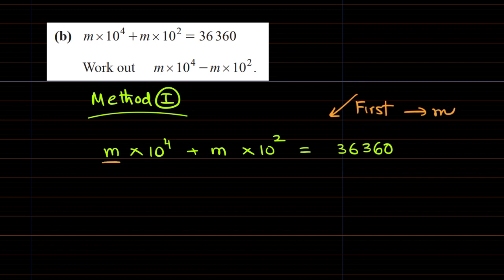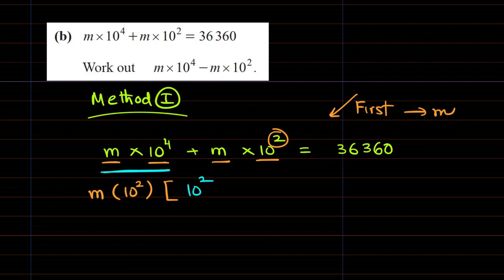I can take m common out, and then I can even take 10 raised to power of 2, the smaller of the two powers, common out. So m is common, 10 square is common. I am left with 10 raised to power of 2 from here, and I am left with 1 from here. And this equals 36360.